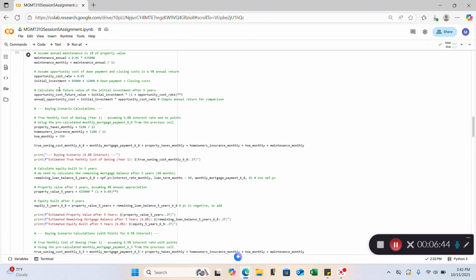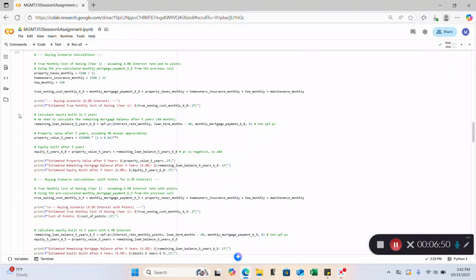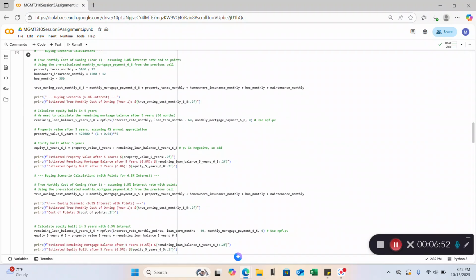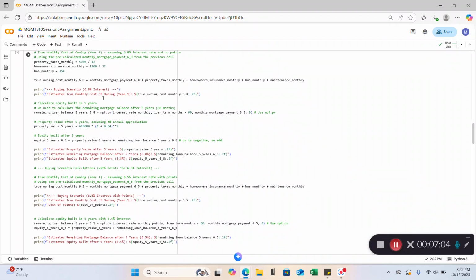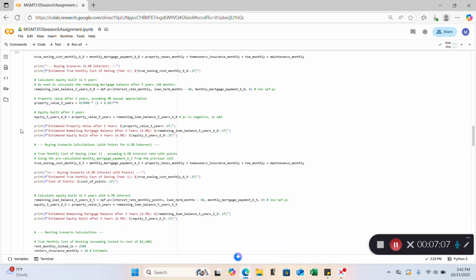So after we have all these things you've calculated or assumed previously up here, we can move on to our different scenario calculations. With the true monthly cost of owning in year one, we can assume a 6.8% interest rate with no points. We can use a pre-calculated monthly mortgage payment from that previous cell to then get our estimated true monthly cost of owning during that year one.